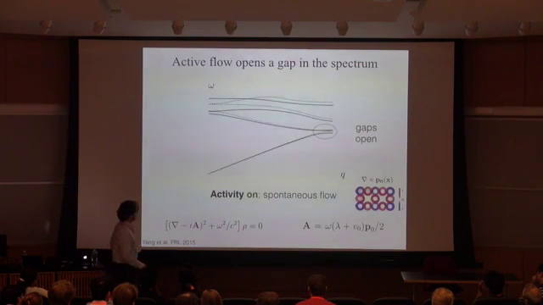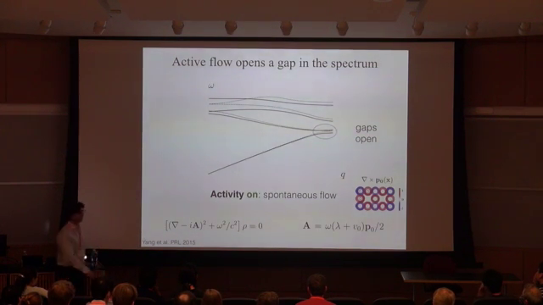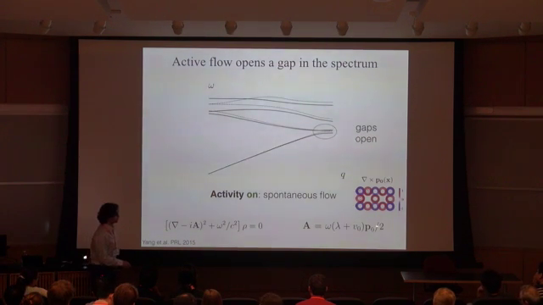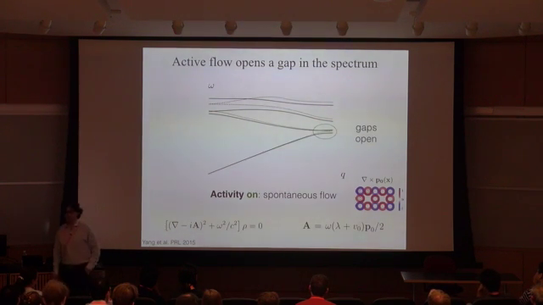Now we're going to study what happens if you switch on activity. If you switch on activity, the equations are no longer the equations from before, but there is something that looks like a gauge field, if you like, or an extra term in the wave equation. And this term is proportional to the velocity field that you have in the lattice.